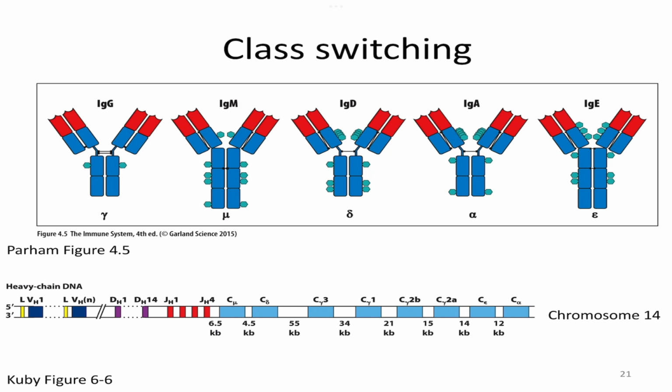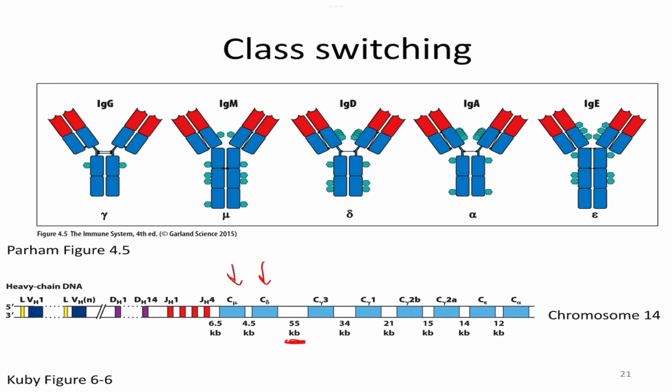And so remember that we had those mu and delta constant regions for making IgM and IgD really close to the VDJ region, and then all of the other constant regions much further away downstream, many kb away in the DNA.